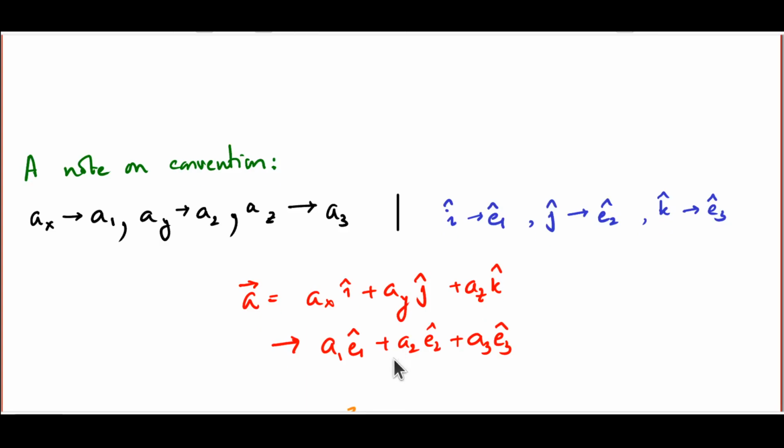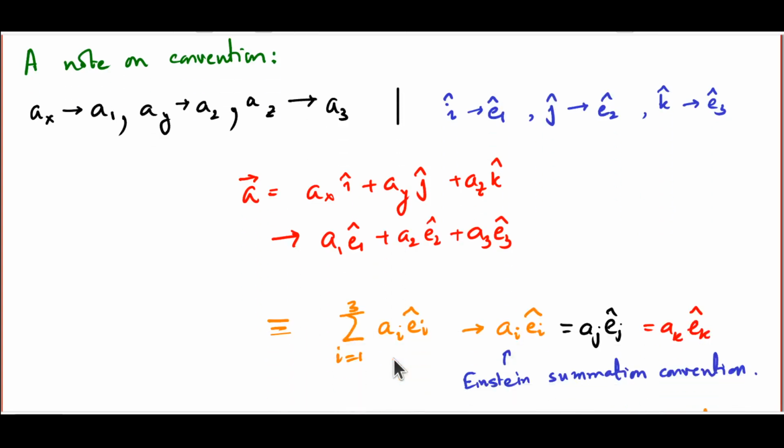And you can now see the advantage. I can use a summation notation and write this in a more compact fashion. I can just say this is Ai ei, with i summed from 1 to 3. Now the summation over an index which is repeated, in this case i, which comes twice in this expression, is so common that Einstein introduced a convention for this.